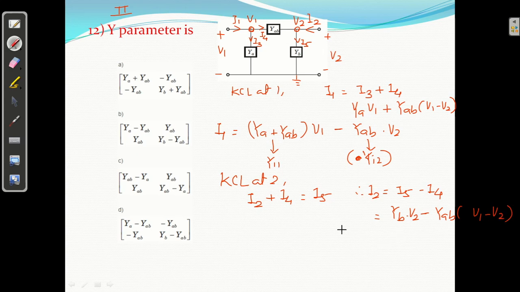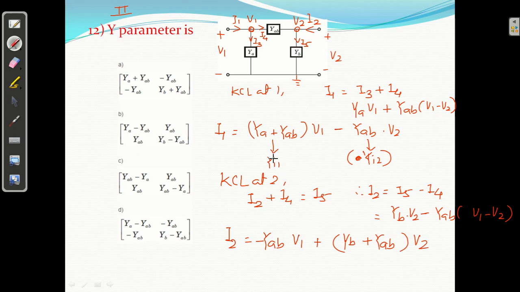So you will get I2 equal to minus YAB into V1 plus YB plus YAB into V2.